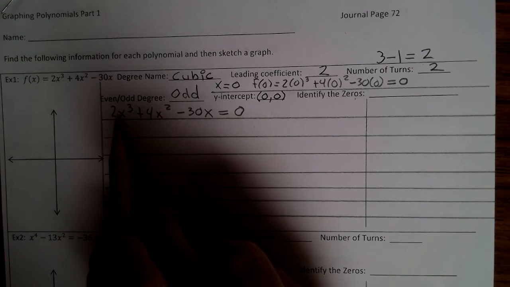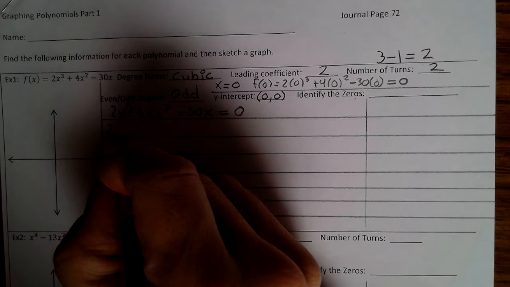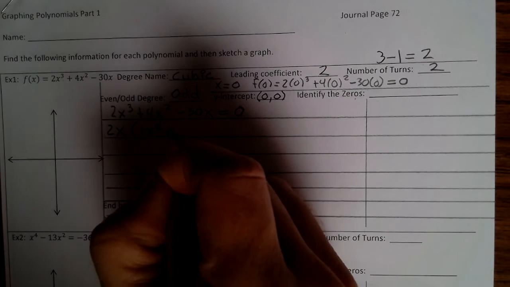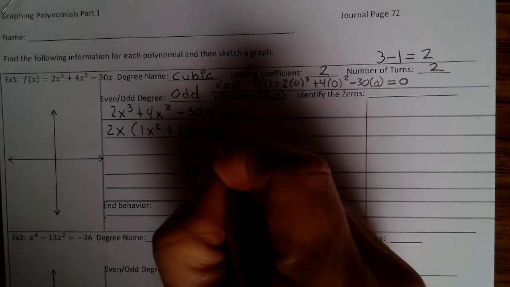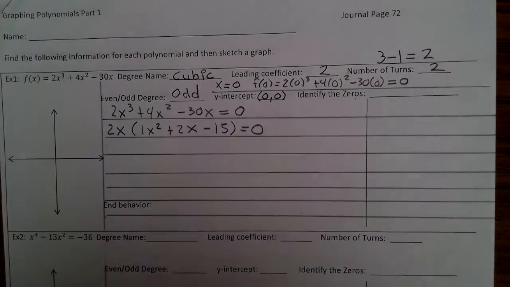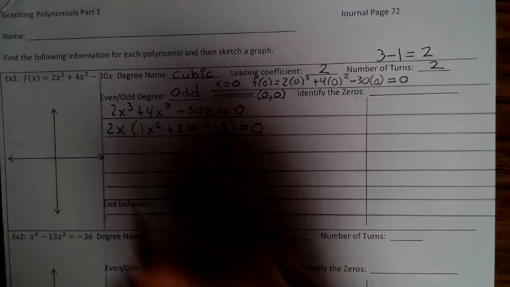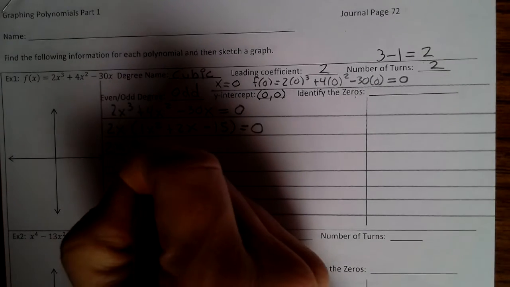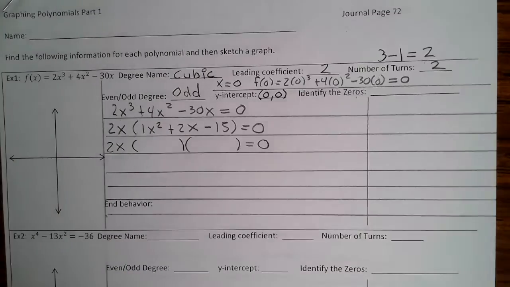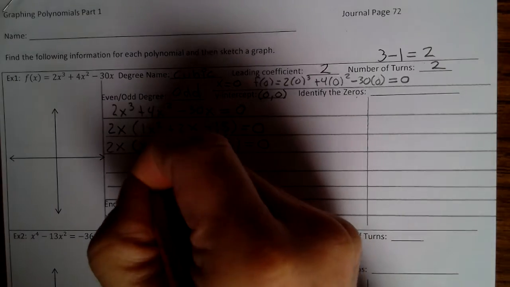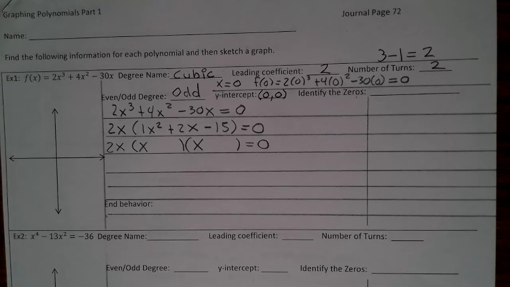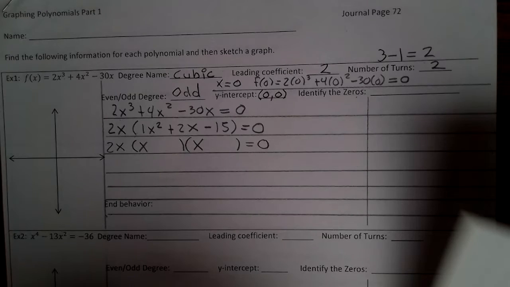So that's 2x, which leaves x squared plus 2x minus 15 equals 0. Okay, we're going to leave the 2x alone for the moment, and we're going to factor this. Okay, we know that x times x makes x squared. Now, we need to find all the combinations that multiply to give you negative 15 and combine to be 2.